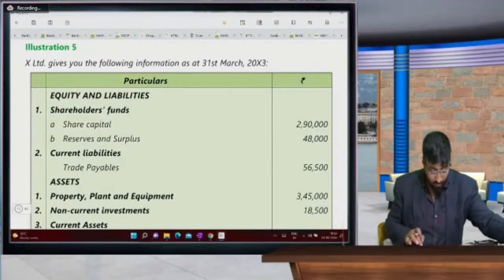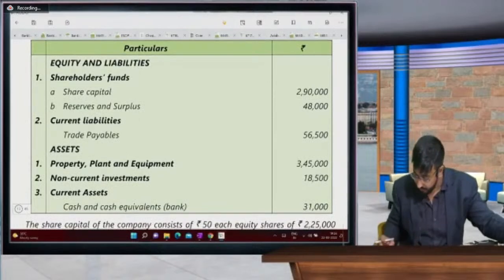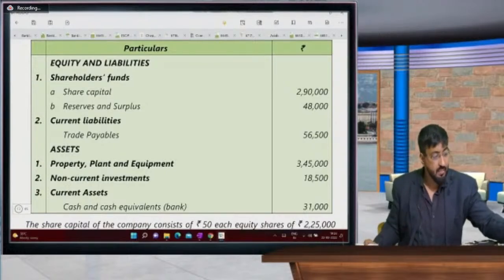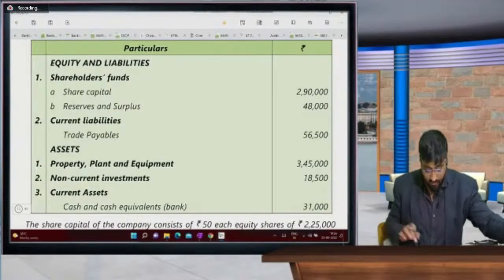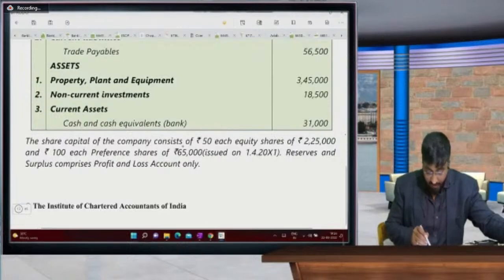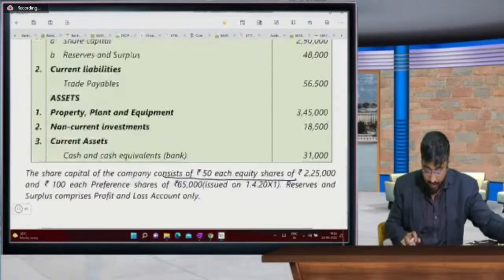Equity and liabilities: shareholders' fund, share capital, reserves and surplus, current liability, trade payable; assets: property, plant and equipment, non-current investment and current assets. The current share capital consists of ₹50 each equity shares.